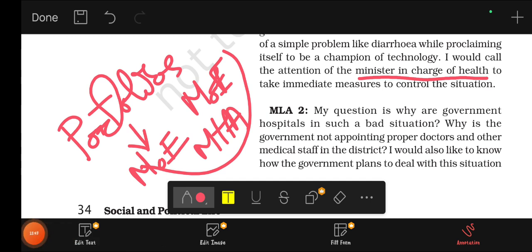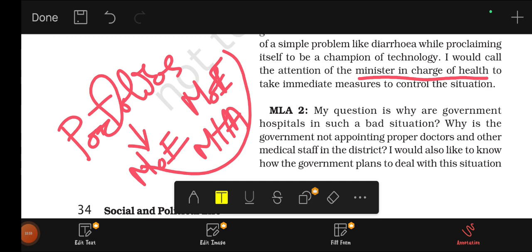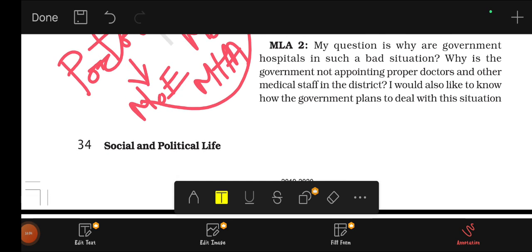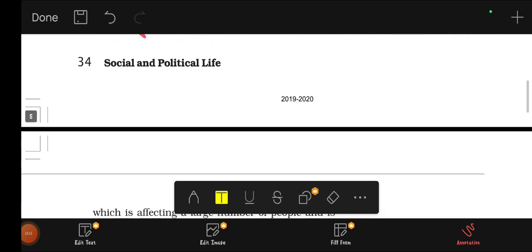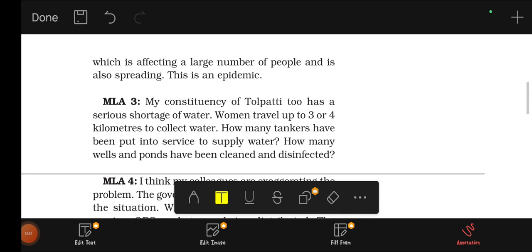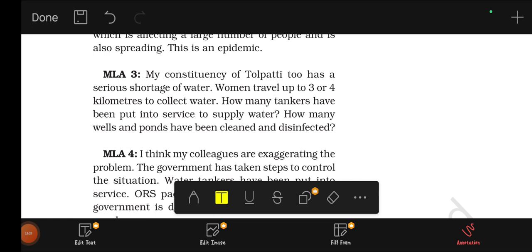The second MLA asks: my question is why the government hospitals are in such a bad situation, why the government is not appointing proper doctors and other medical staff in the district. I would like to know how the government plans to deal with this situation, which is affecting a large number of people and is also spreading diseases, and this is an epidemic.